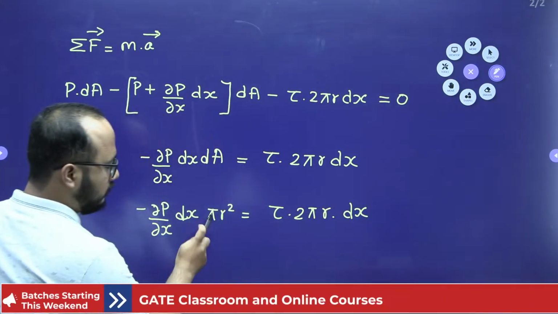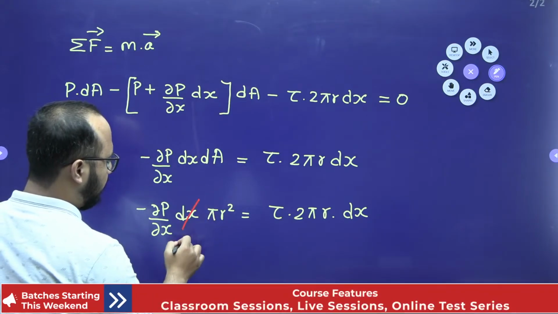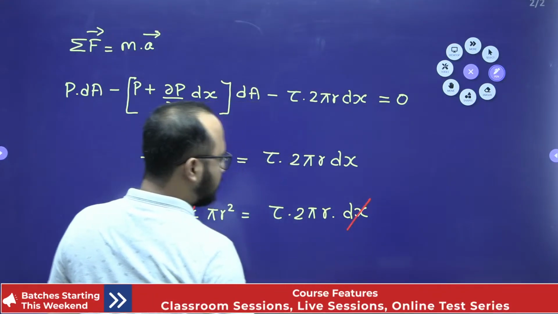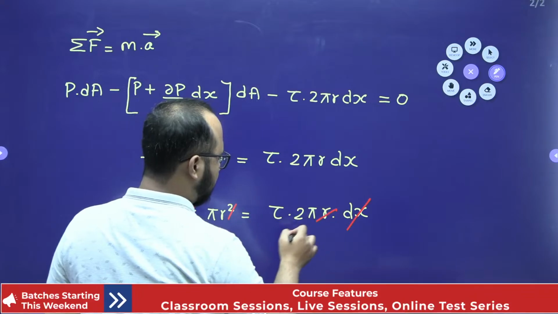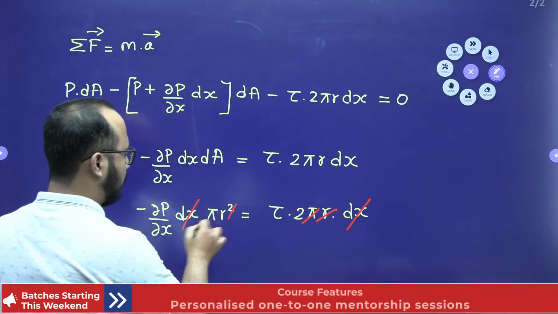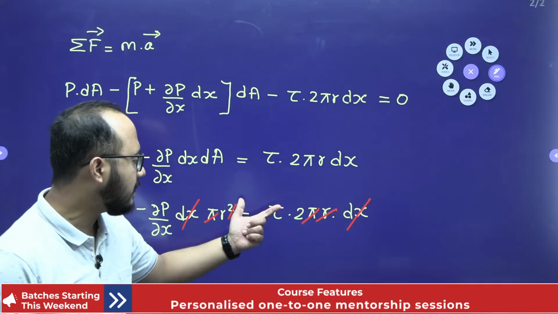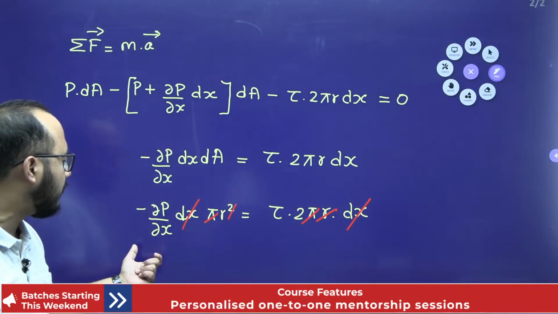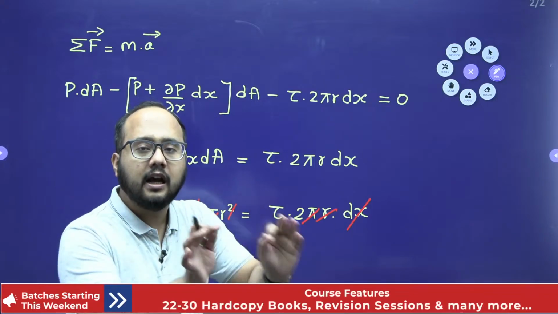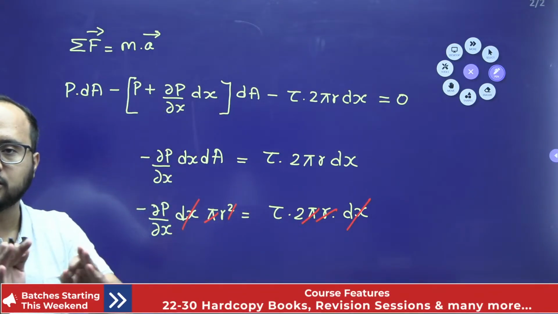Now if you observe, dx will get cancelled out, this r will get cancelled out, and this π value will get cancelled out. Now what remains? I can directly say shear stress will be equal to minus ∂P/∂x into r/2. That will be our relation for the shear stress.